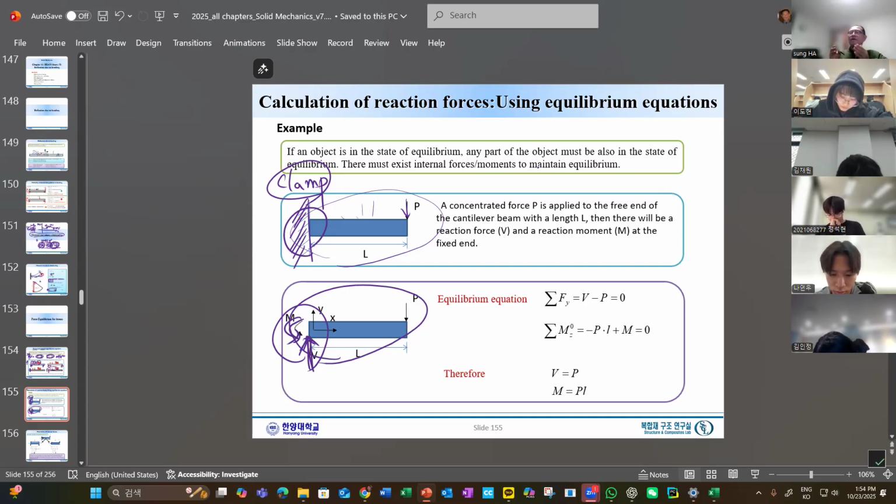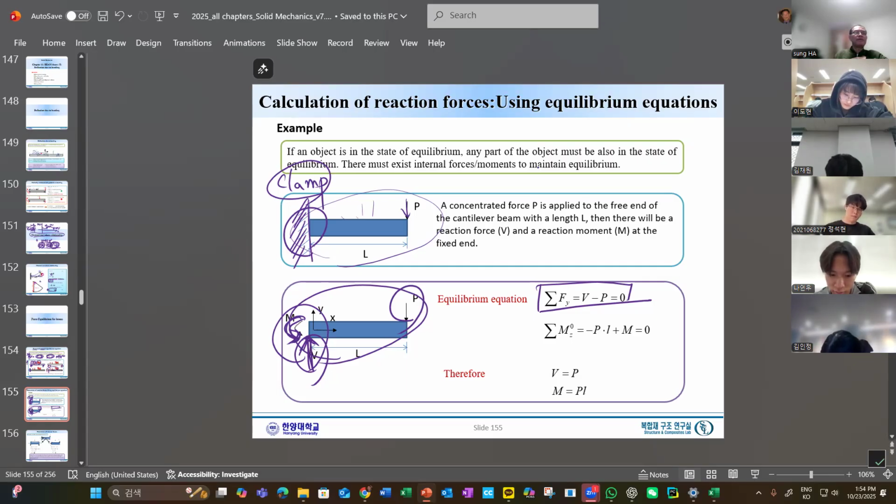What kind? Well, y-directional equilibrium and the moment equilibrium. For y-directional equilibrium, we have a P and we have a V here. Certainly moment is not a y-directional force. And so V minus P equals 0. That's for y equilibrium. And another one is the moment equilibrium.